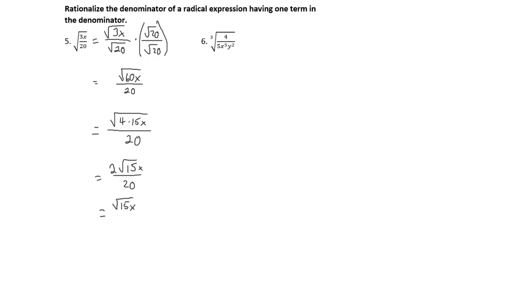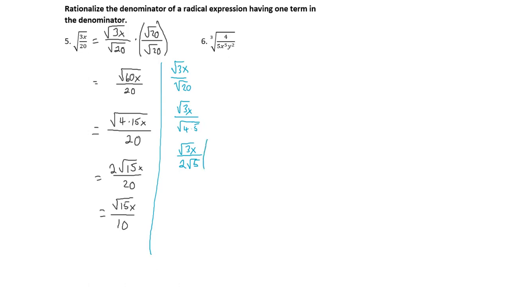Now, I worked it that way, but I want to show you a separate way that we could have worked that same problem. So if I had taken the square root of 3x over the square root of 20, if I had simplified square root of 20 first, which is square root of 4 times 5, so that becomes square root of 3x over 2 root 5. So now instead of looking at square root of 20, we're looking at 2 square root of 5.